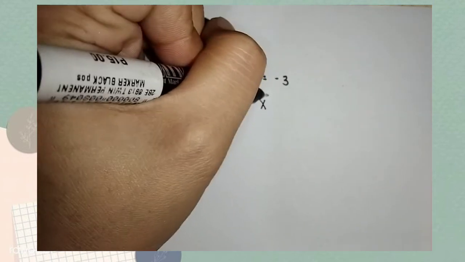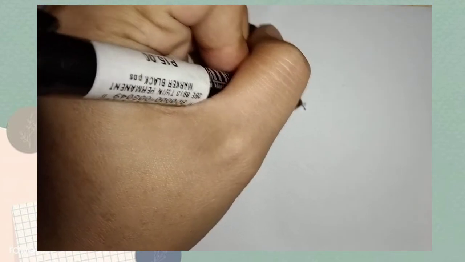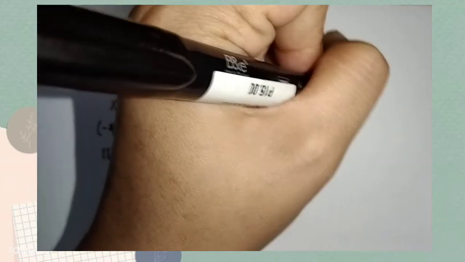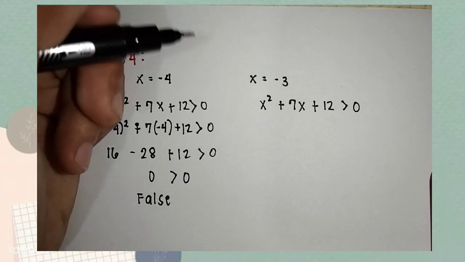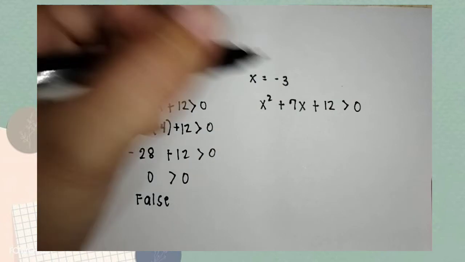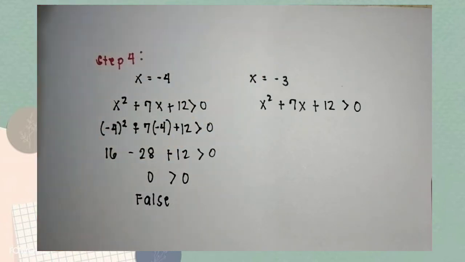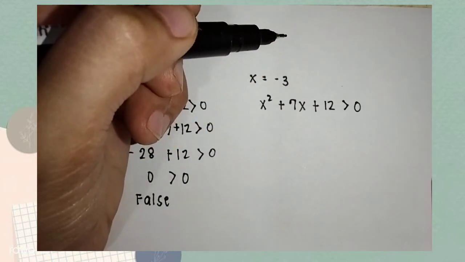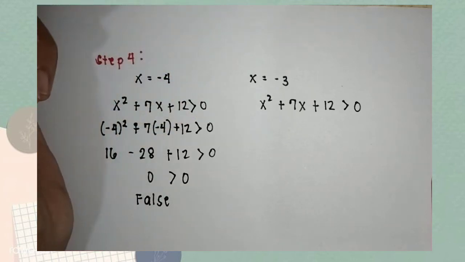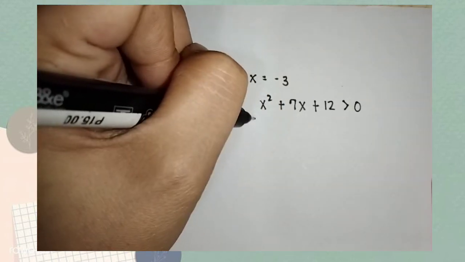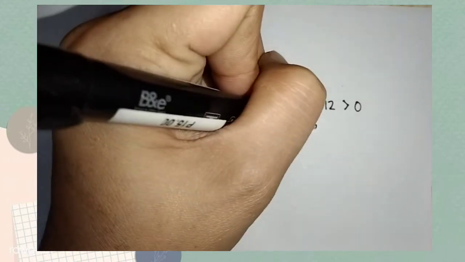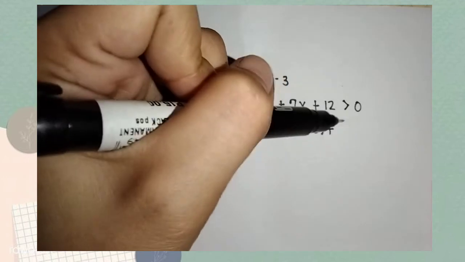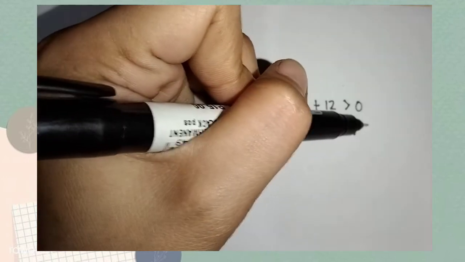Okay. So, x squared plus 7x plus 12 greater than 0. Ayan, i-check natin kung masasatisfy ba ng negative 3 or yung negative 3 ba ay kasama sa solution set ng ating quadratic inequality. Okay, so negative 3 squared plus 7 times negative 3 plus 12 greater than 0.